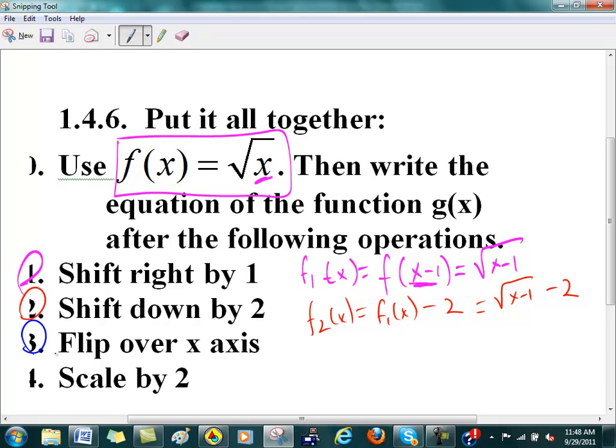Okay. Number 3. Someone help me out with this. Yeah, Sona. Wait a minute. Look at the sequence. Look how I'm going. What am I going to start out with? Nice. You're going to flip over the x-axis.